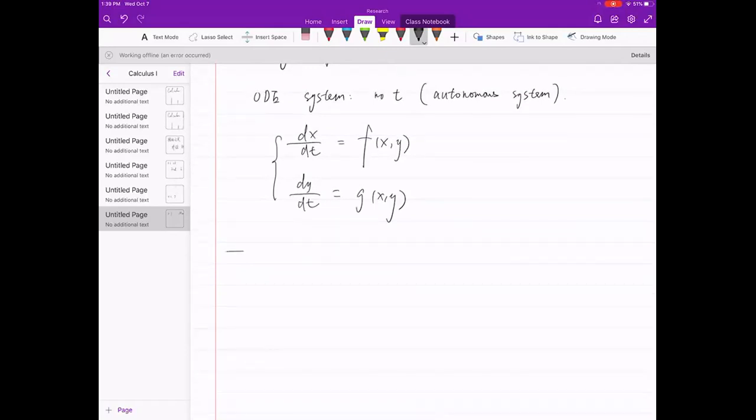Then we focus on two things. The first one is called the direction field, which is given by f(x, y), g(x, y).